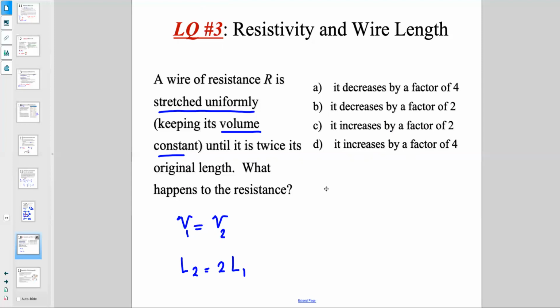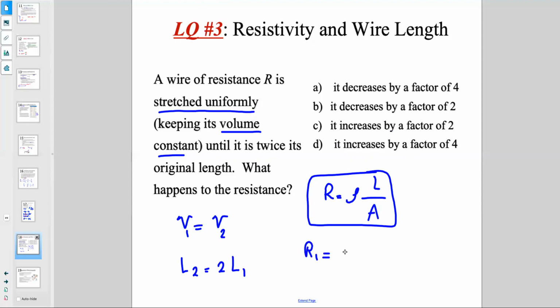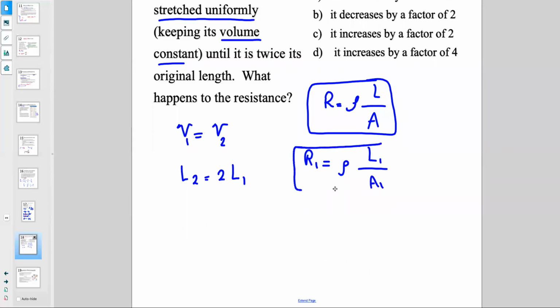So what we know is that R, or the resistance, is rho L over A. That's the formula. So for R1, you have rho L1 over A1. For R2, however, you have the same rho because it's the same metal.